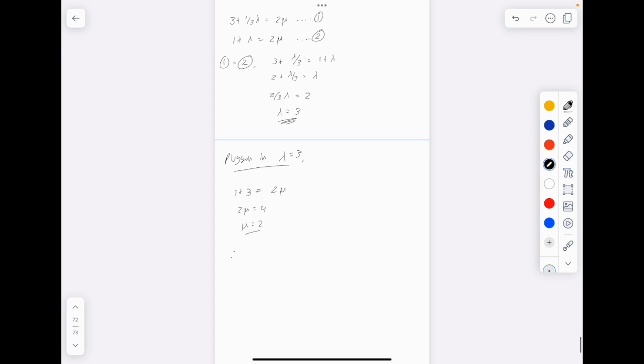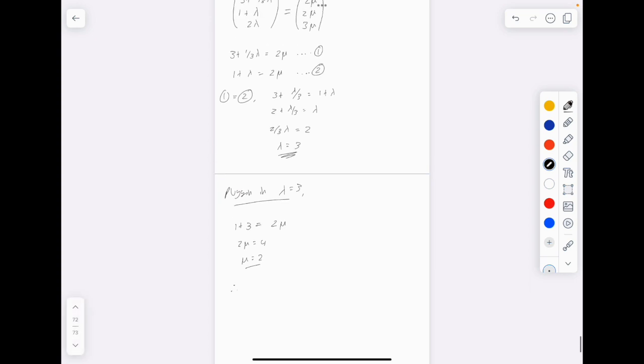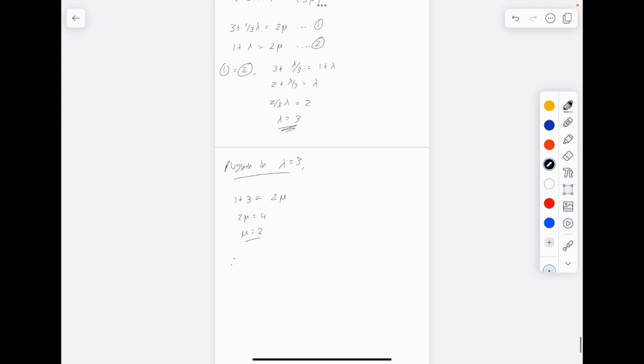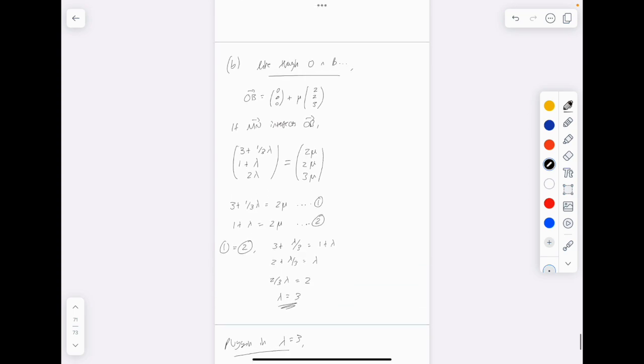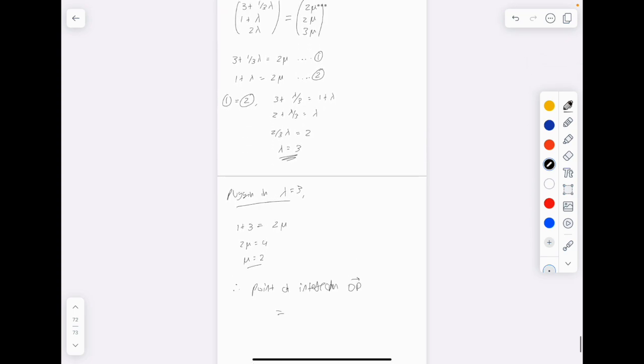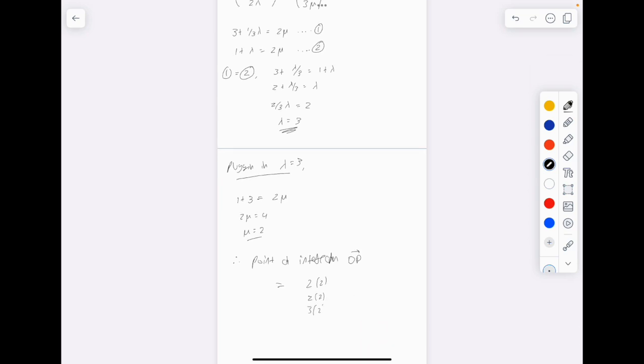The point of intersection OP is equal to 2 times 2, 2 times 2, 3 times 2, which is 4, 4, 6.